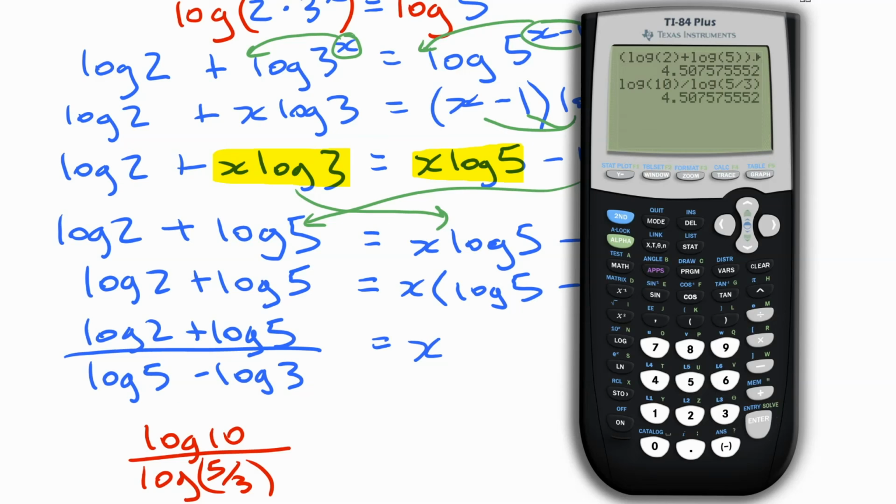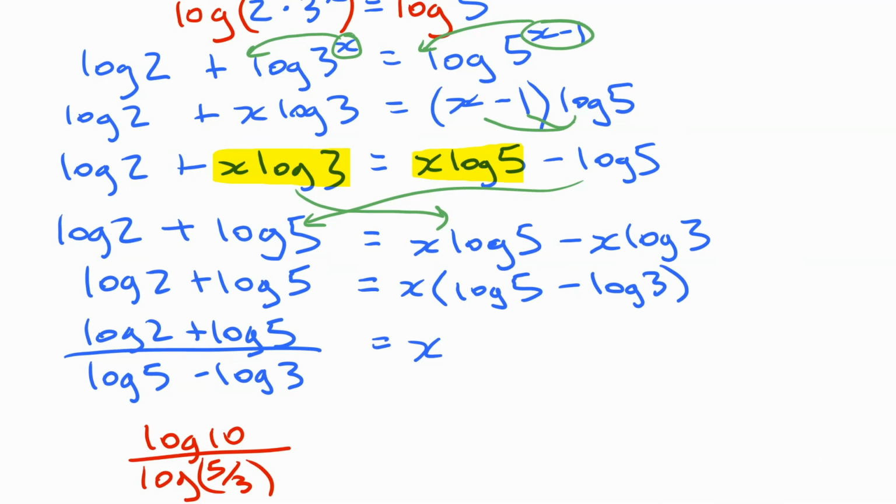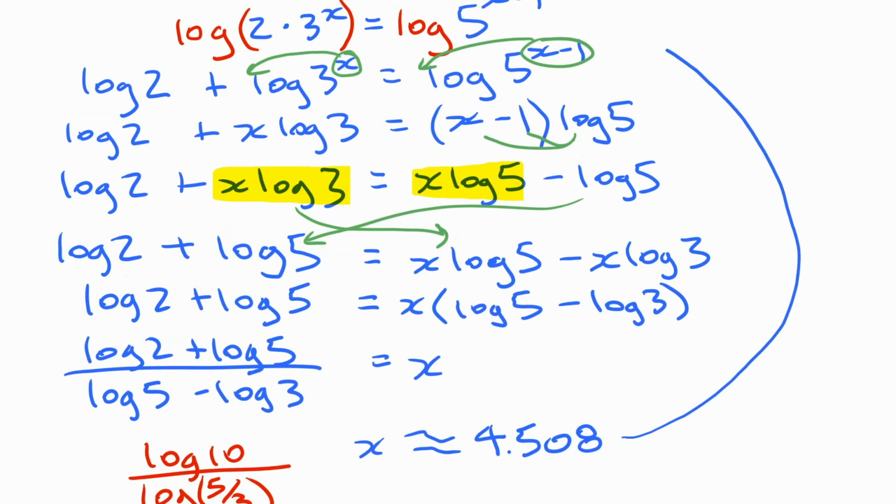All right, either way, x was roughly, if I remember correctly, 4.508 if we rounded it off to 3 decimal places. And again, you could take that number now and check it by substituting it into the original equation if you wanted to. All right, so there's several examples of how you can use logarithms to solve exponential equations.